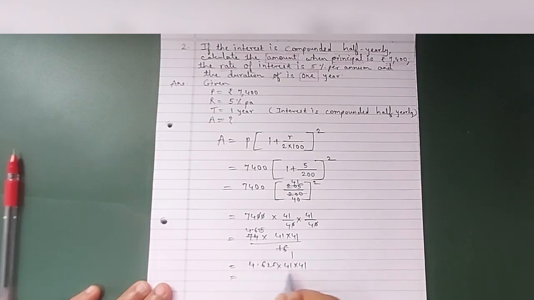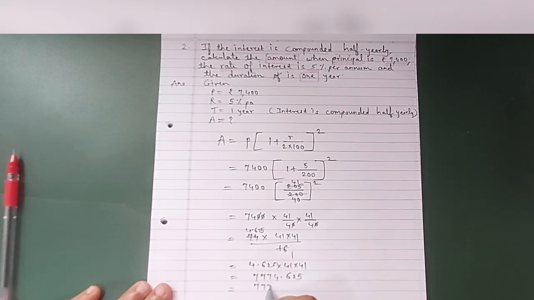So after doing the multiplication, what answer you will get? 7,774.625, and then you have to round it off. 7,774.63 I will write because this is 5, which is the third digit we have to consider for round off. So this is 5, so we will increase this by 1. So 7,774.63 is the final answer, the amount which we are supposed to find.